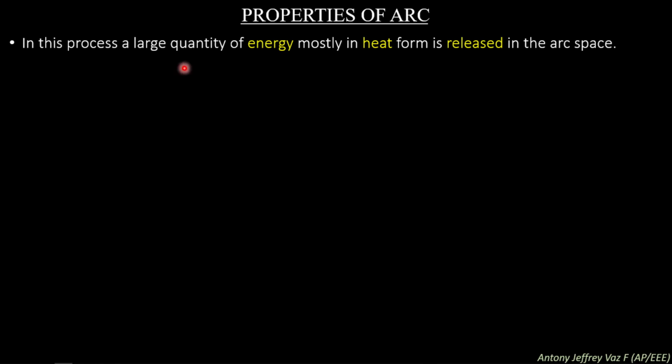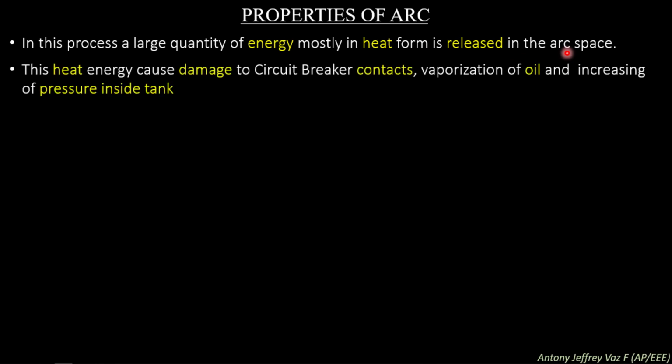In this process, a large quantity of energy, mostly in heat form, is released in the arc space. When the contacts are being tripped, at once heat is generated due to the arc in the medium, which represents the arc space.